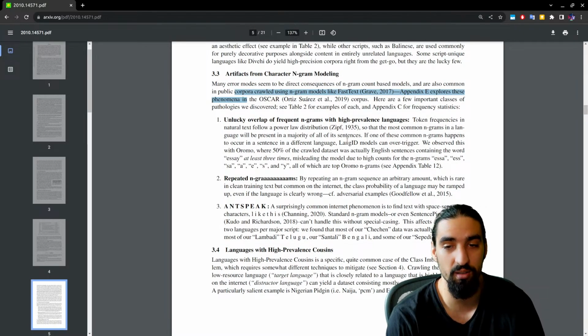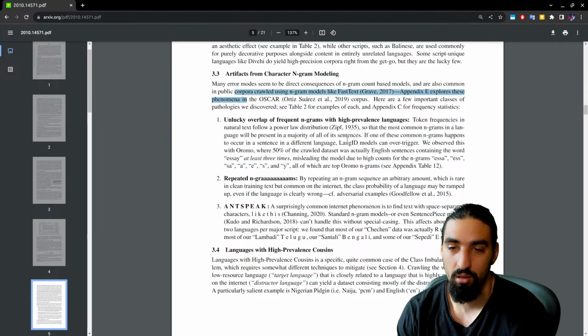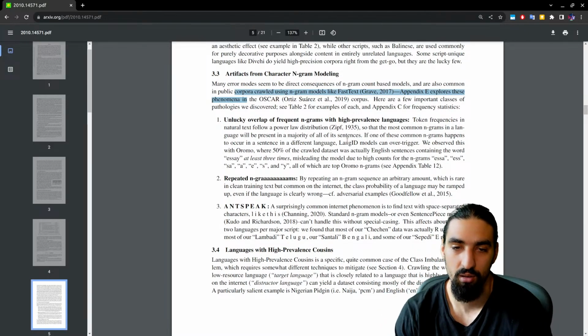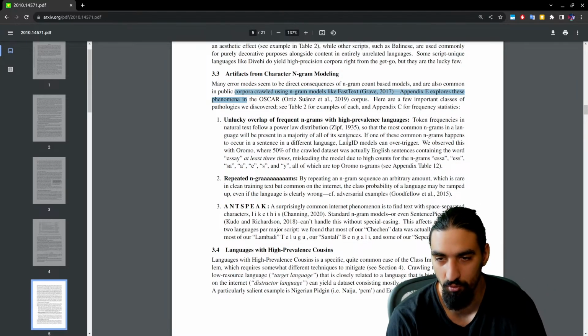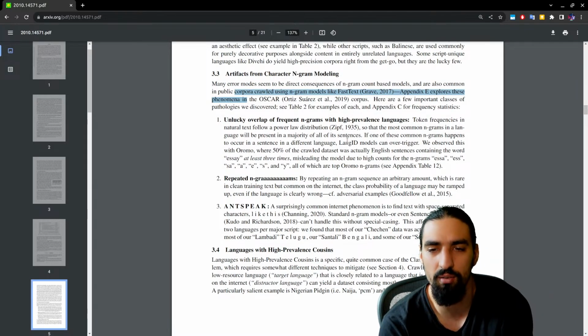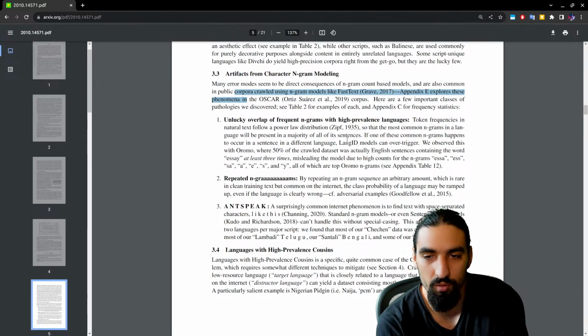We found that most of our Chechen data was actually Russian. Most of our Lambadi was Telugu, or Santali was Bengali, and some of our Sepedi was English. Interesting. So Russian with spacing is confused as Chechen.